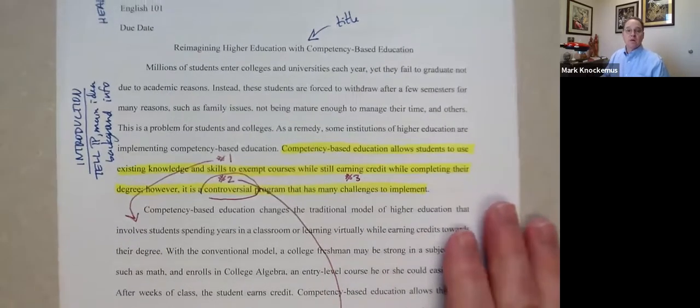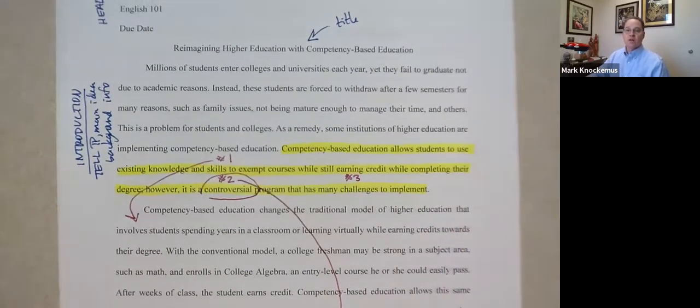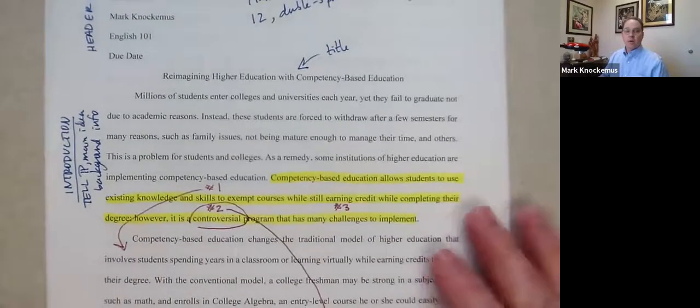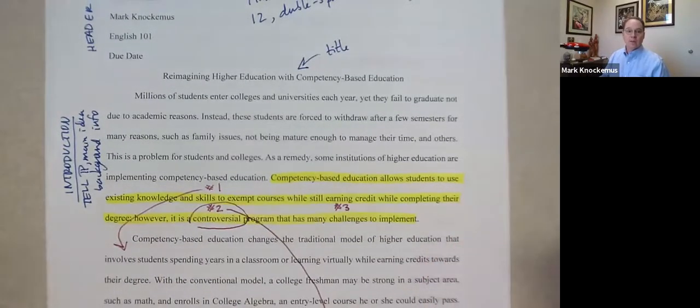Millions of students enter colleges and universities each year, yet they fail to graduate not due to academic reasons. Instead, these students are forced to withdraw after a few semesters for many reasons, such as family issues, not being mature enough to manage their time, and others. This is a problem for students in colleges. As a remedy, some institutions of higher education are implementing competency-based education.